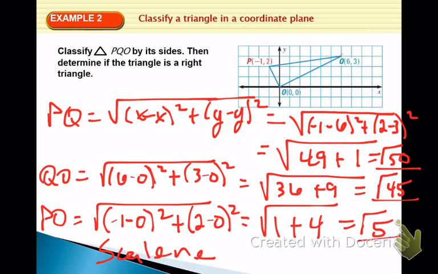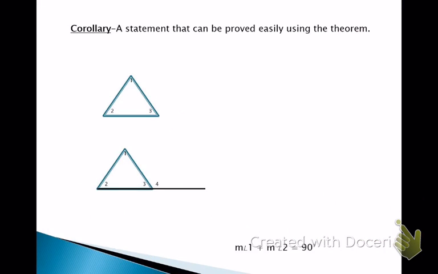A right angle is formed by two lines that are perpendicular. So we could find the slopes of all three of your sides and see if any of those are opposite reciprocal slopes to make those sides perpendicular. That's about the best thing we can do. That being said, we'll leave it at just trying to classify by its side lengths and not worry about the angles right now. Okay? All right.